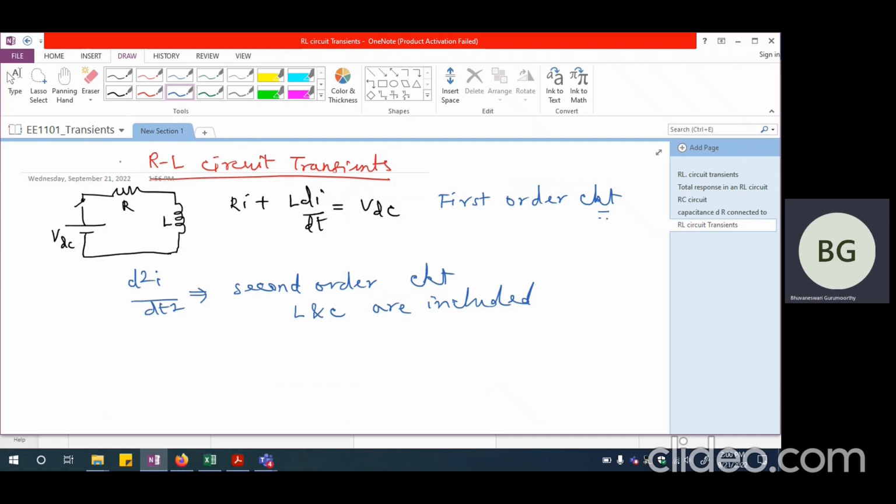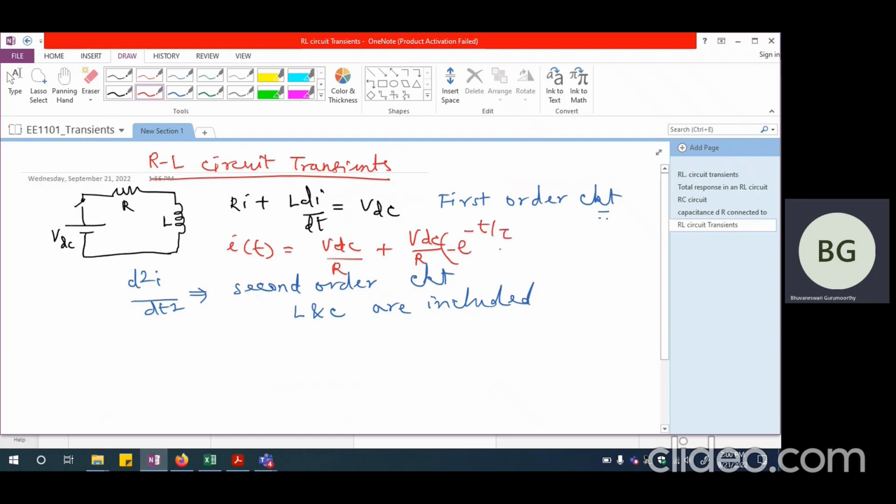So in this particular case where R and L are connected in series with the voltage source, we derived the expression for i of t. So i of t we derived as VDC divided by R, which is the steady state current, added to minus VDC divided by R multiplied by e power minus t by tau.